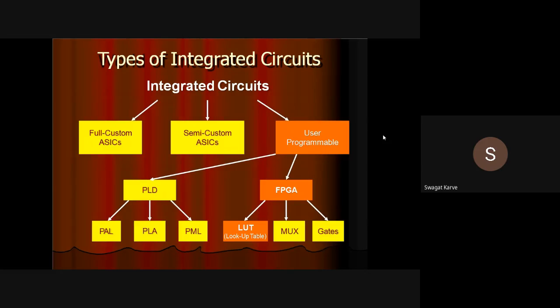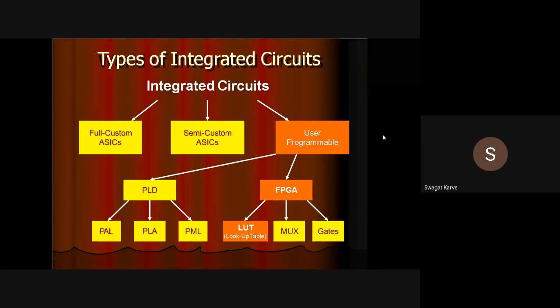Okay, now this tree diagram will show you the different types of integrated circuits, that is ICs, that are available, and how these integrated circuits are categorized. Okay, so integrated circuits first have three main types. First is full custom ASIC, then semi-custom ASIC, and last one is user programmable devices.